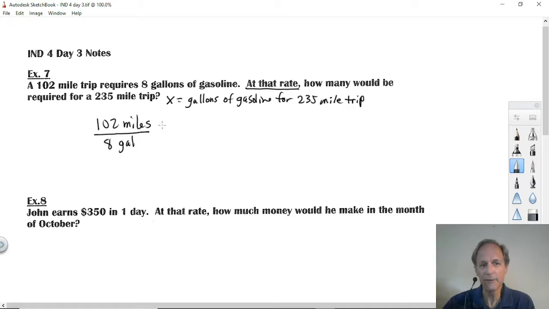So that's our first fraction, that's our first ratio, and the story problem tells us at that rate, meaning the same ratio, same means equals, okay? At that same ratio, how many would be required for a 235-mile trip? So the ratio is the same for the other trip, and it's 235 miles.